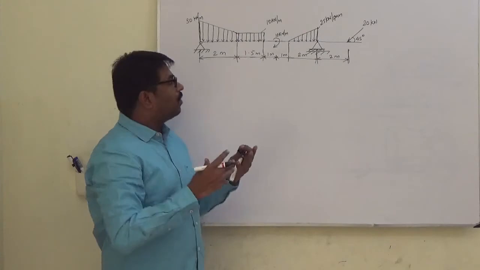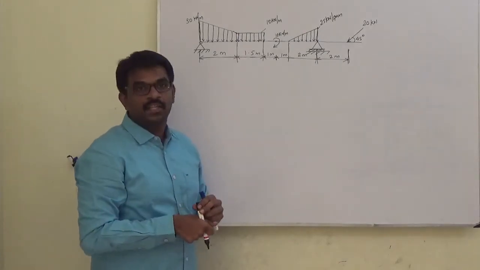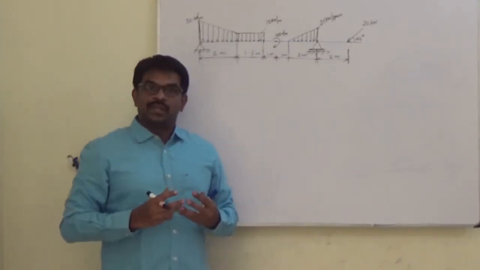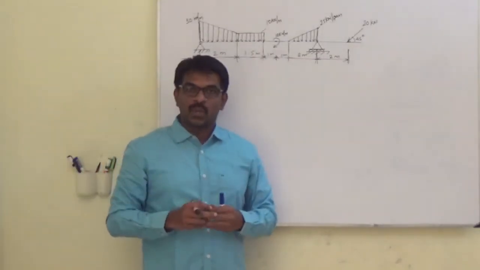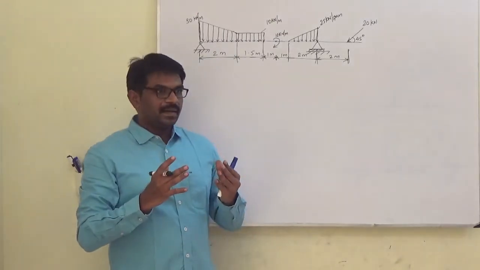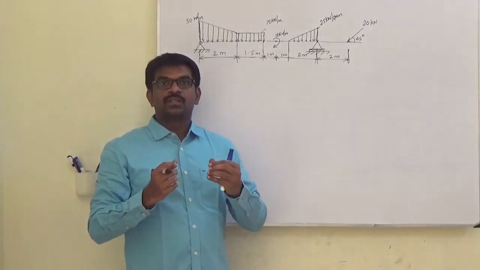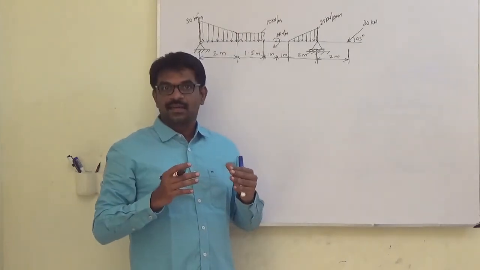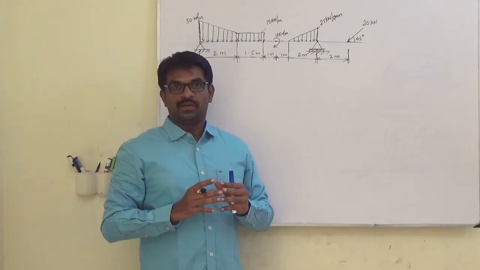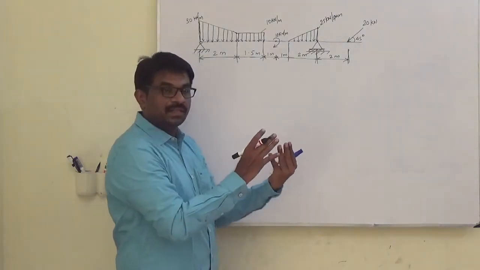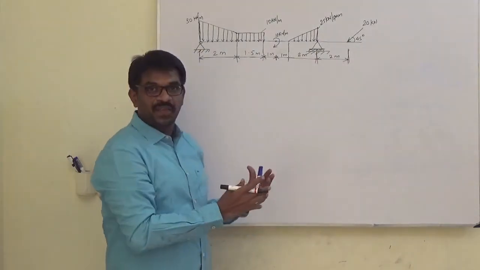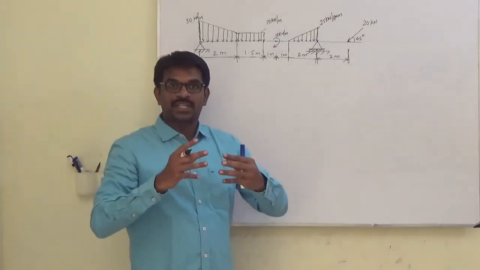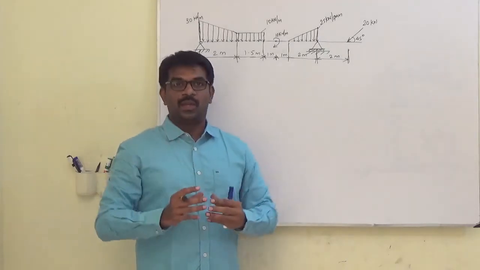Now how do we deal with the distributed force? What is a distributed force or distributed load? Say, you see wind force. Wind pressure acting on any surface is considered a distributed load. For example, you take this board. The board is a surface, and the wind force is acting on this board. That wind pressure is the distributed load.